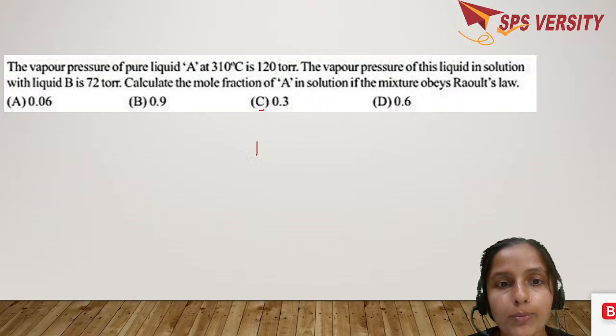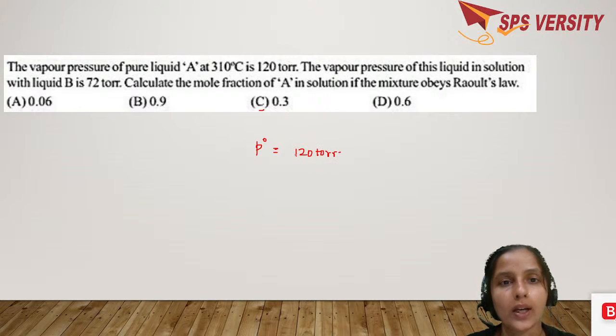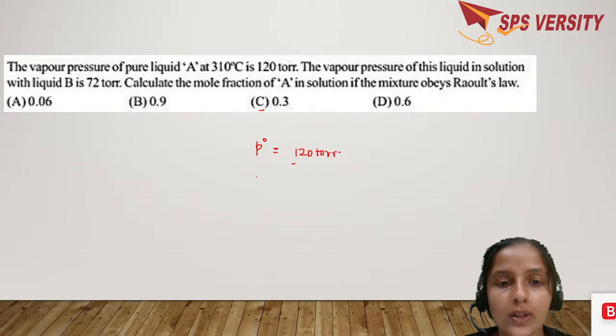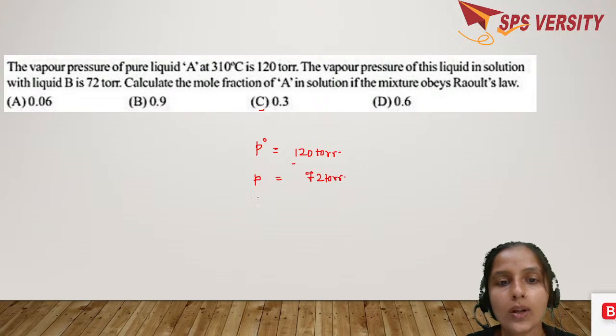So the vapor pressure of pure liquid, that's P naught, is 120 torr. The vapor pressure of this liquid in the solution with the liquid B is equal to 72 torr. What's the mole fraction?